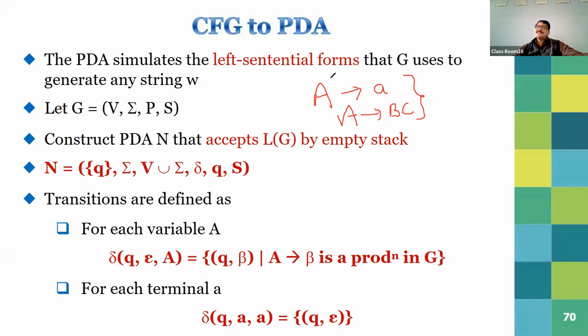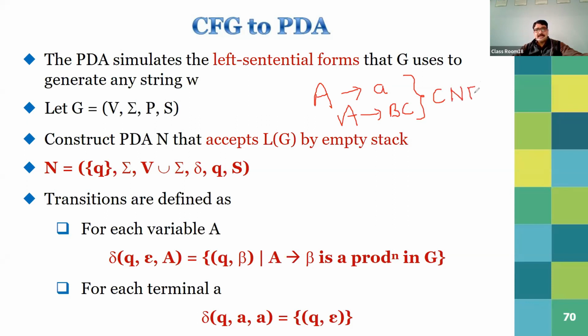This is the rule for CNF. If anyone asks you to convert the grammar into Chomsky normal form, you must convert all the productions of the grammar into that form. So this is the Chomsky normal form.